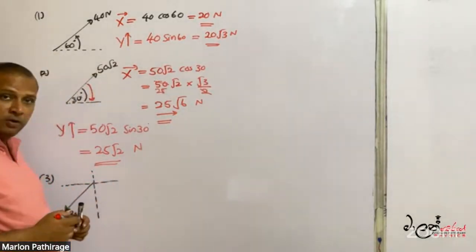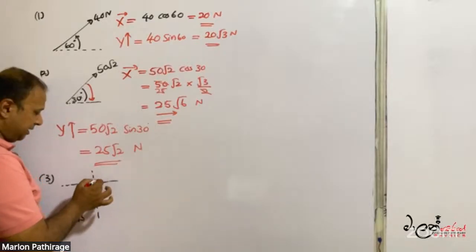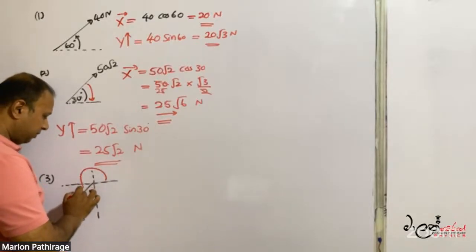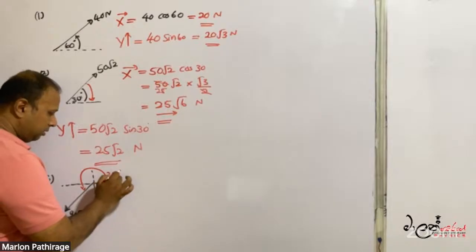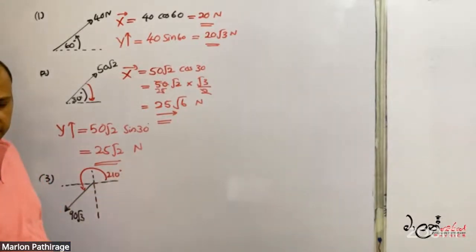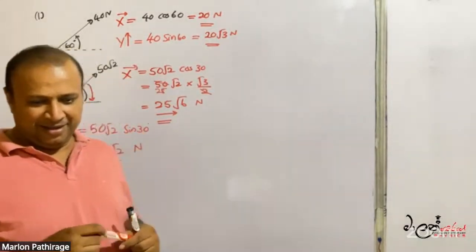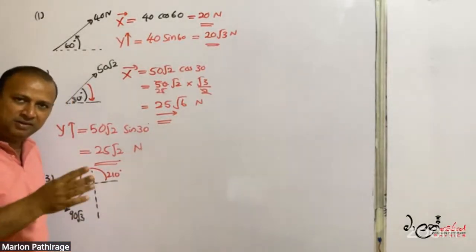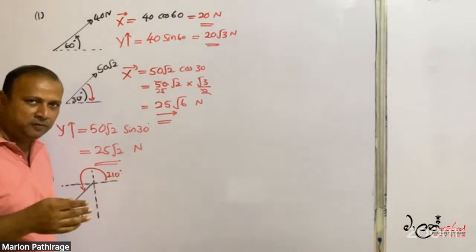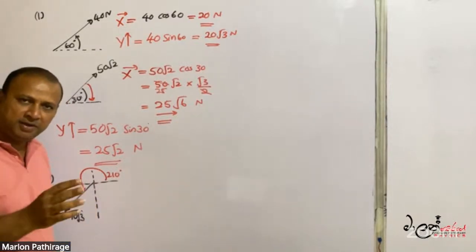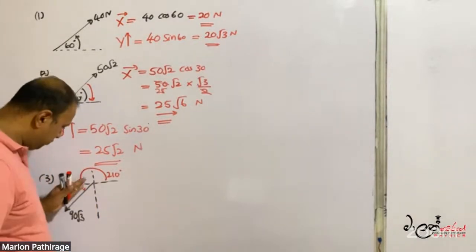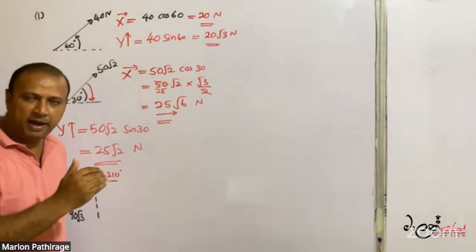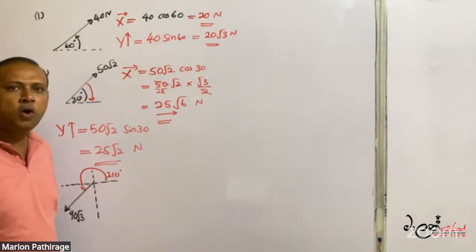Alright. Now you are given this entire angle, 210. When you are resolving this into horizontal or vertical, you have to determine the angle between this vector and either the horizontal or vertical.